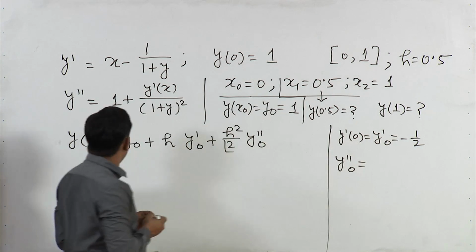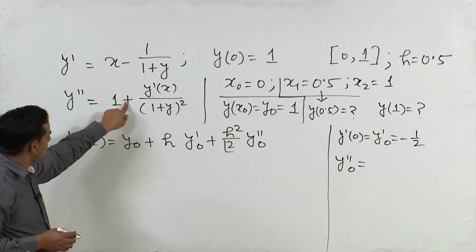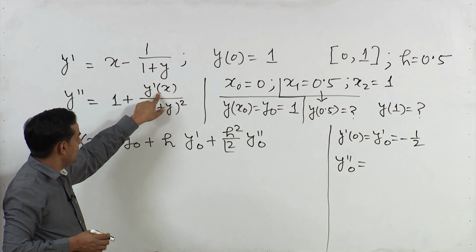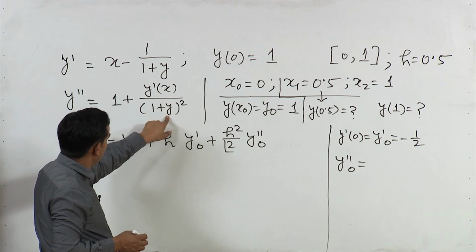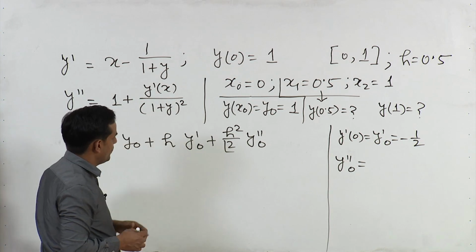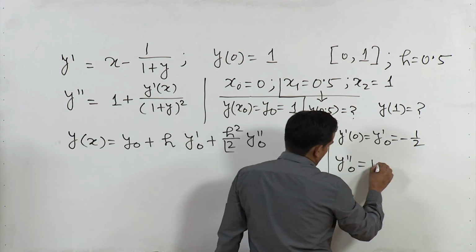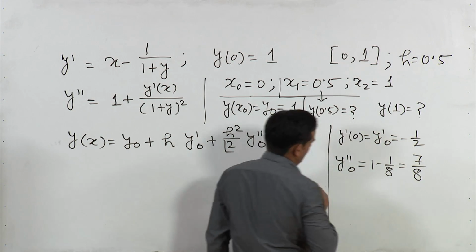Y double prime 0 I can calculate from here. So, 1 plus y prime 0, that is minus half, upon 1 plus 1 whole square. So, 1 plus 1 will become 2, square will become 4. So, 1 minus 1 upon 8. It is basically 7 upon 8.